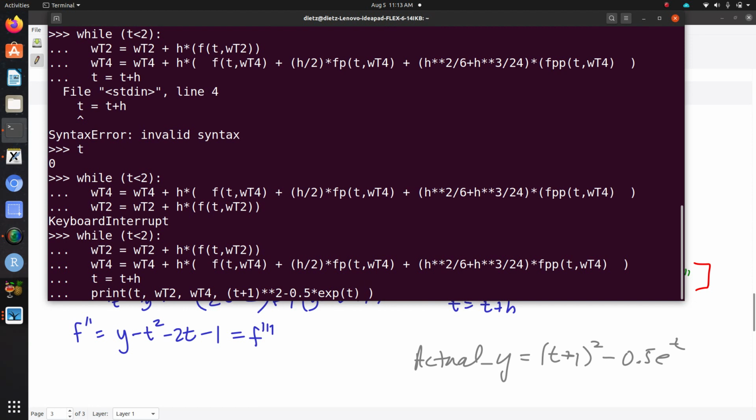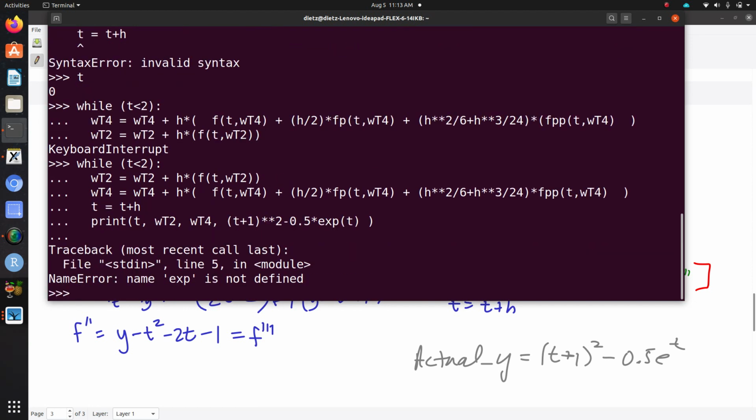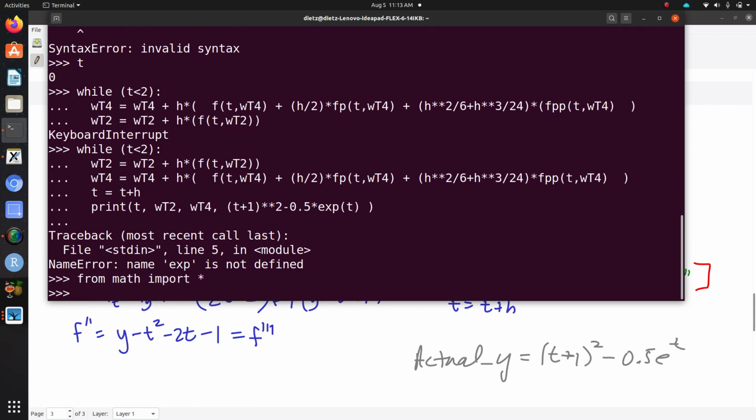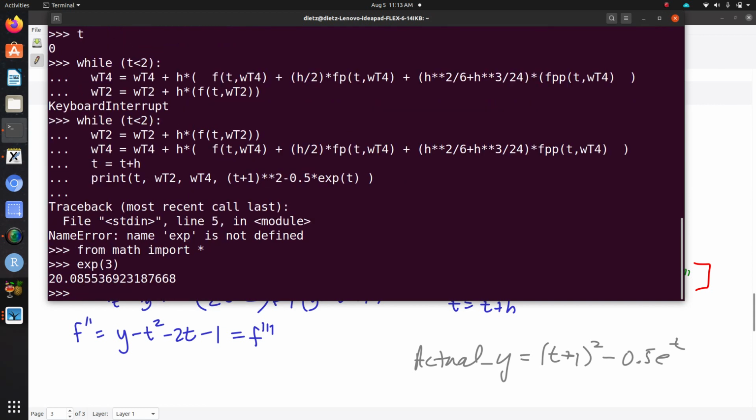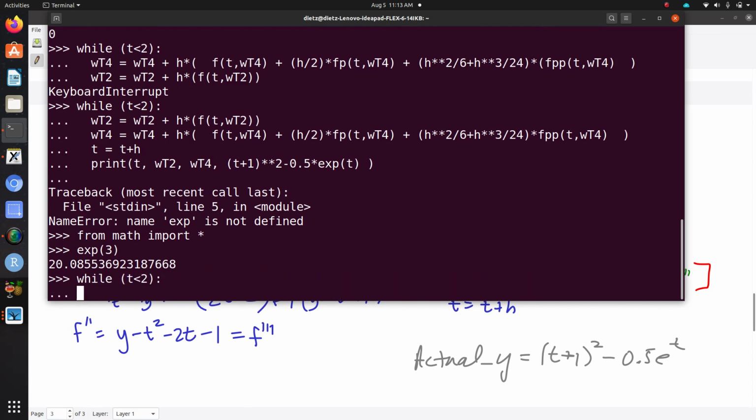Let's see if this works. I'm gonna hold my breath here. I said from math import star, did I not? Maybe I didn't. Alrighty then, let's go back. And this is why you should use a file instead of doing what I'm doing.